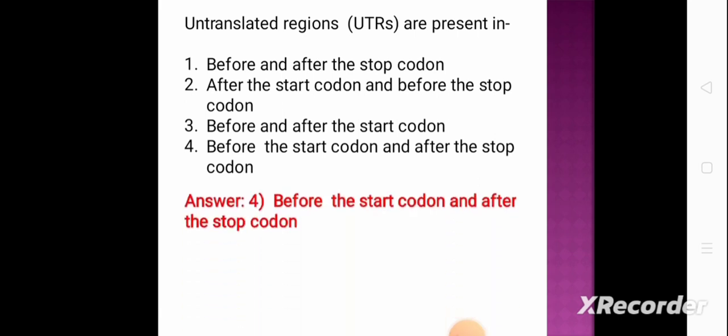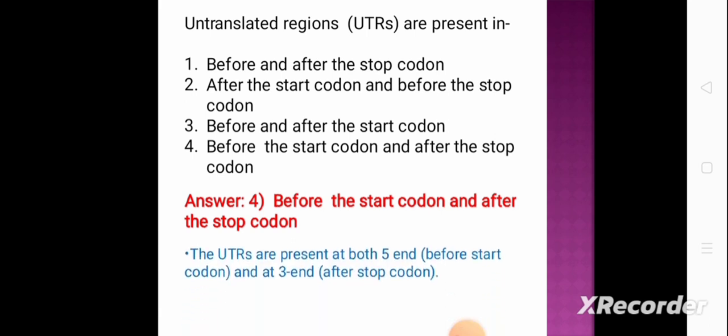And the correct answer is option 4, that is before the start codon and after the stop codon. So the UTRs are present at both the 5' end, that is before the start codon, and at the 3' end, that is after the stop codon.